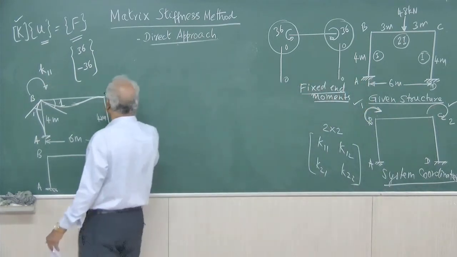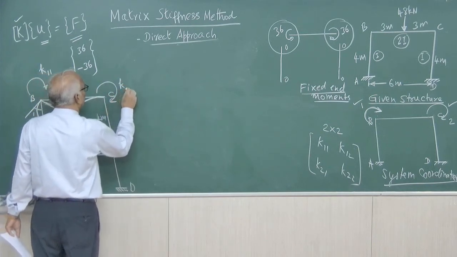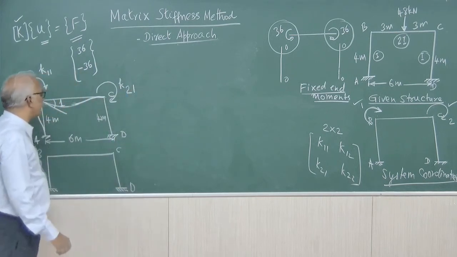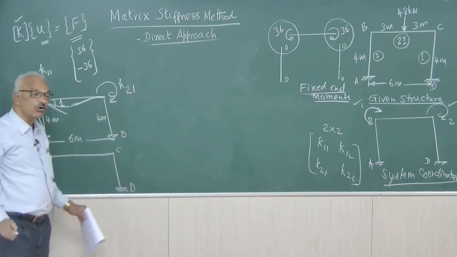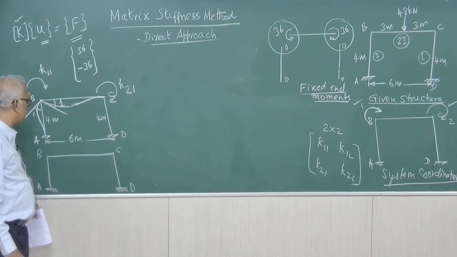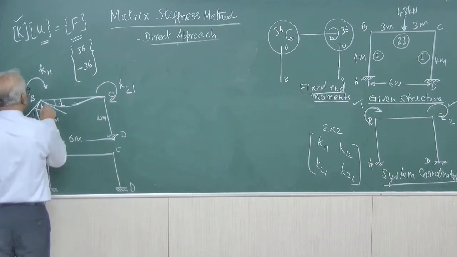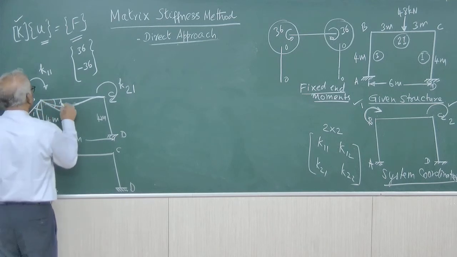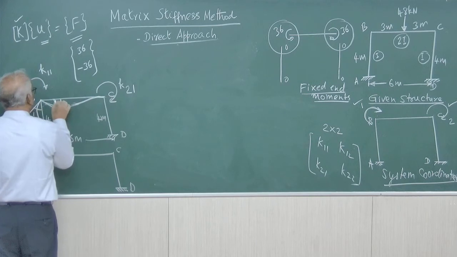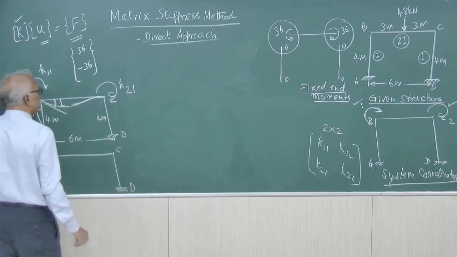The next coordinate is this. So here this is the force developed at coordinate 2 due to unit displacement at coordinate 1, with the condition that no displacement occurs except at coordinate 1. Right. Now, for this rotation, for this member, this is 4EI by L. For unit rotation, we know when far end is fixed, it is 4EI by L. Here also, when far end is fixed, this is 4EI by L.